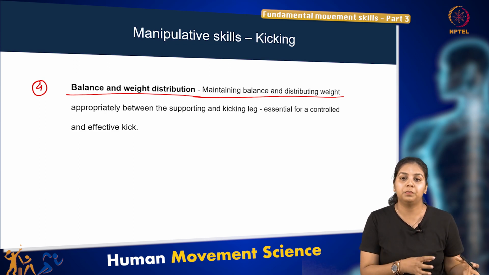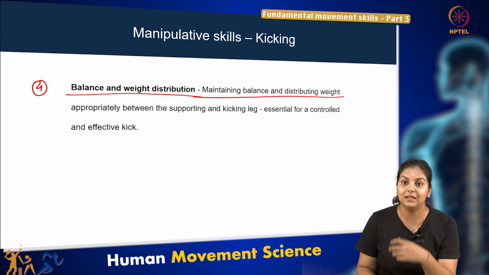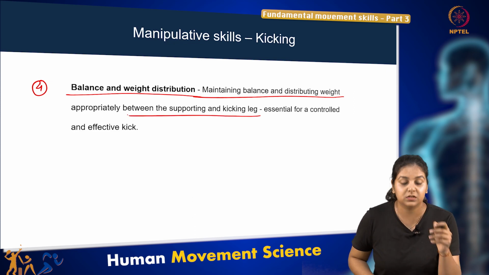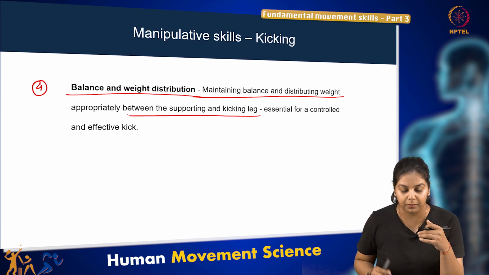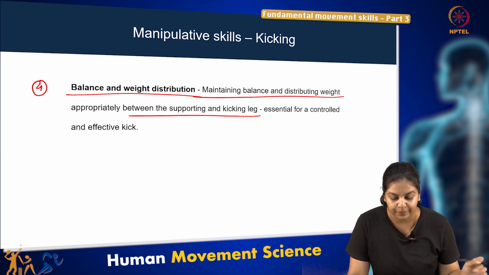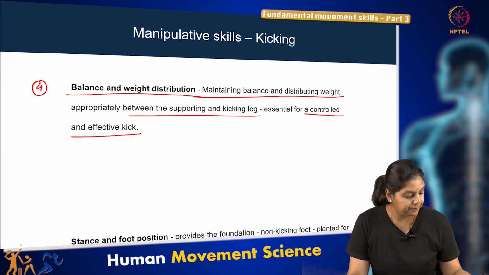And once you get into a good position, then the sequence that you have brought about can be efficiently executed, right? So appropriately between the supporting leg and the kicking leg, it's quite important to have that ipsilateral contralateral balance, right? So for control and an effective kick.